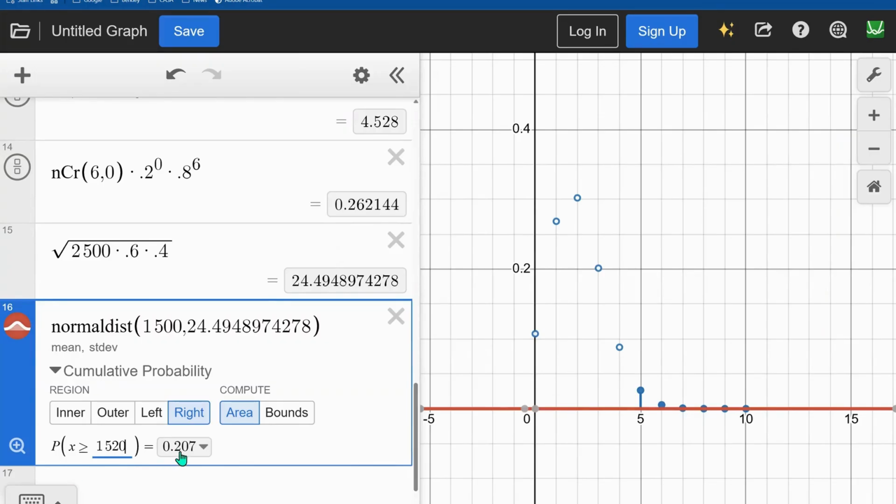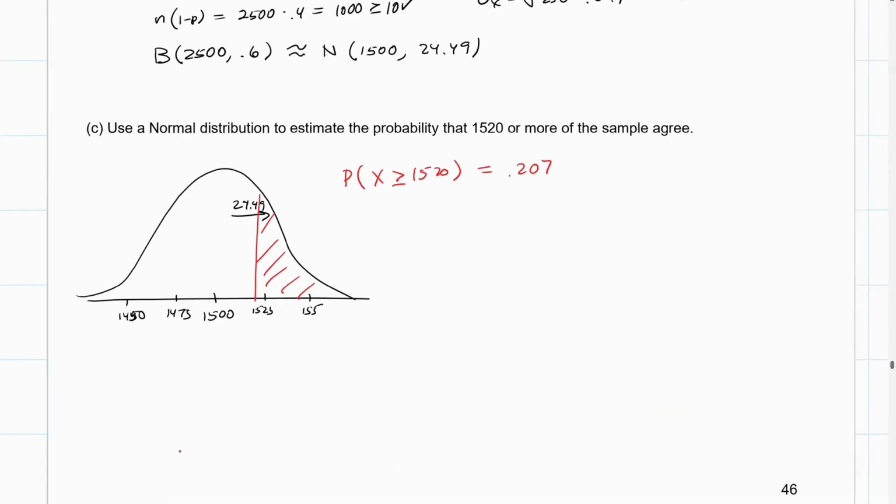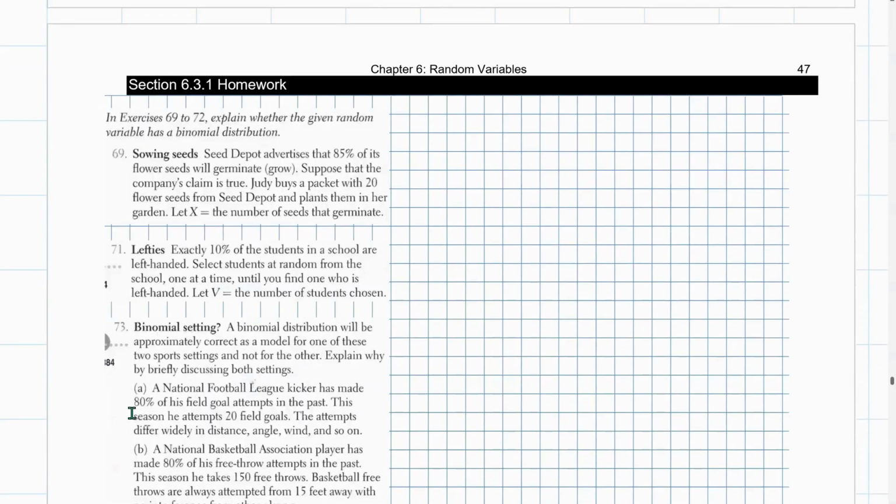So about 20.7%. And there we go. There's using it. Now, you're like, we could have used binomial, and we would have gotten a similar answer. All right. And that concludes this lecture, 6.3.1.